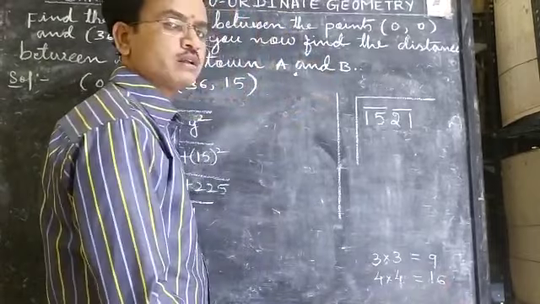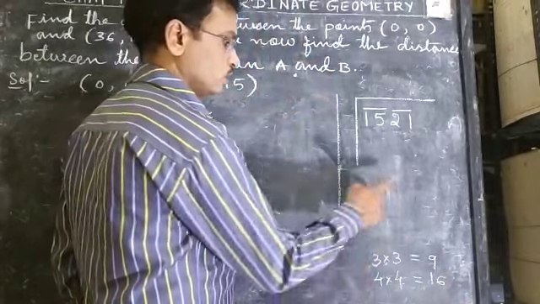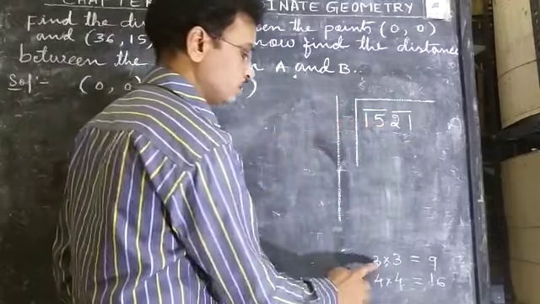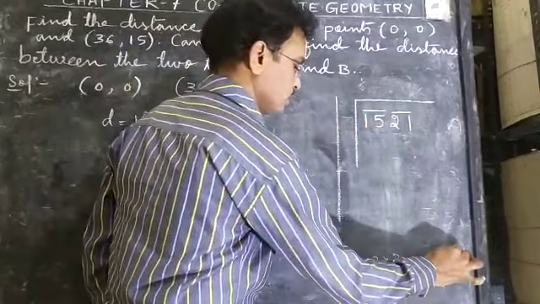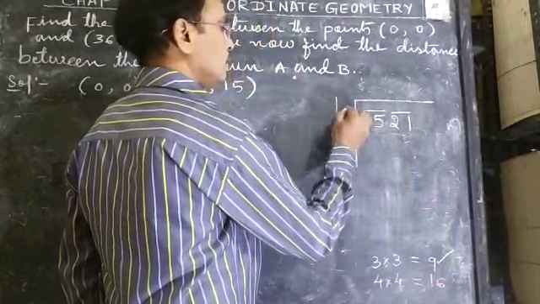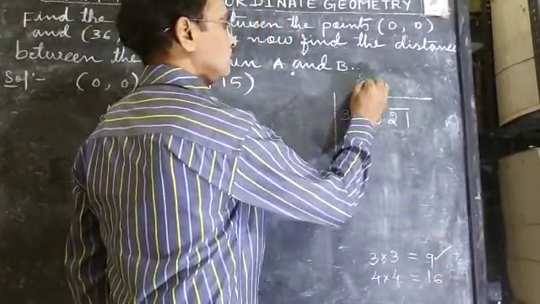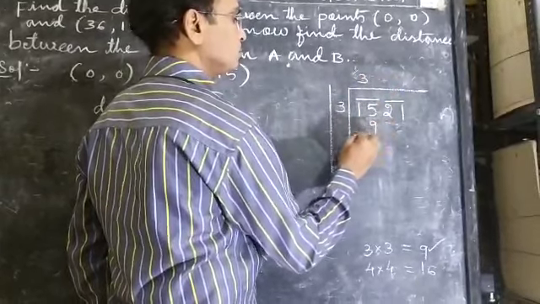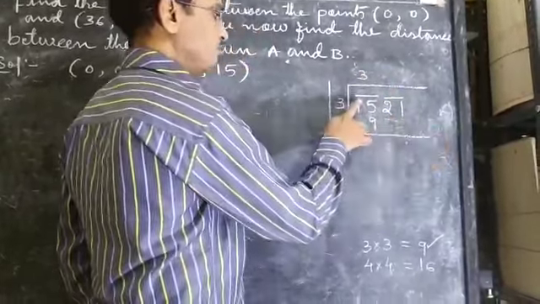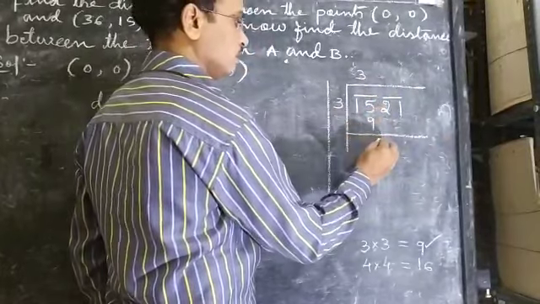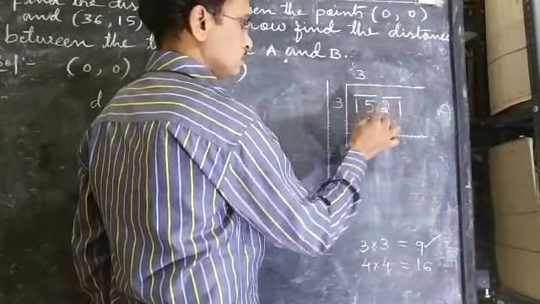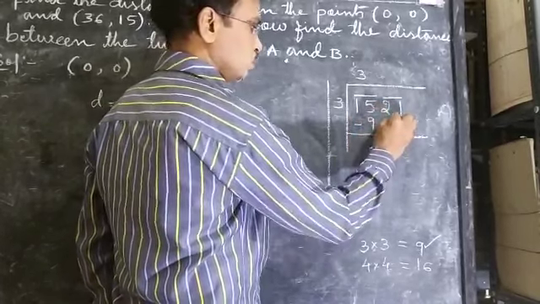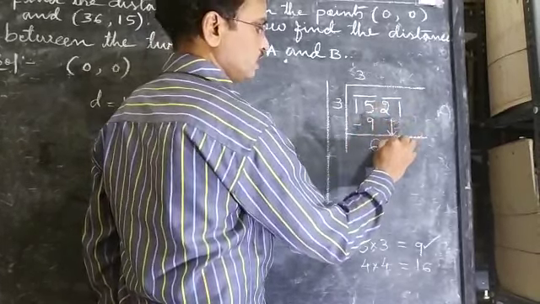Now 16 is greater than 15, so we should take 3. 3 3s are 9. Then 15 minus 9, subtract this, the remainder here is 6. Then you should take the last group, that is 21.